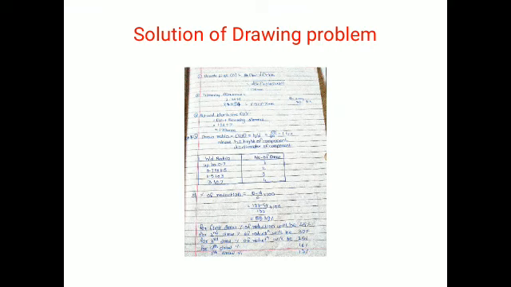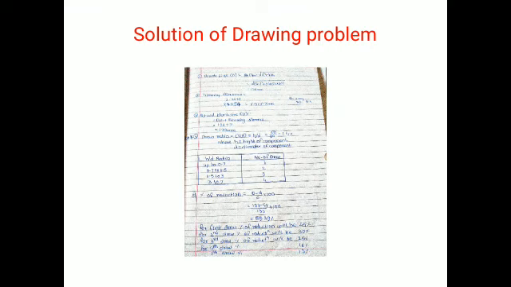Next one, trimming allowance. Trimming allowance is a function of diameter of the cup to be drawn. For every 25 millimeters of diameter of the cup or shell to be drawn, trimming allowance is to be taken as 3.2 millimeters. In the previous lecture we have seen this one. Therefore, for 54 millimeters trimming allowance will come out to be 6.9 something, or approximately we can take it as 7 millimeters.